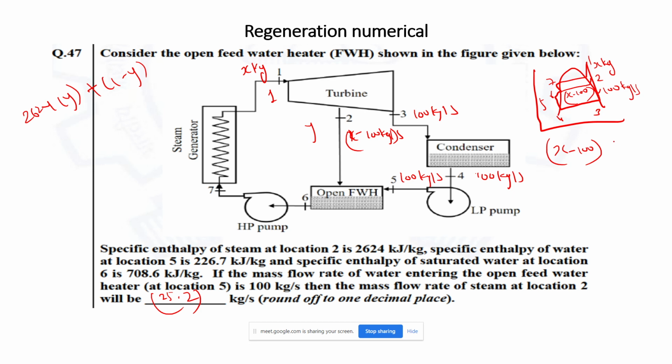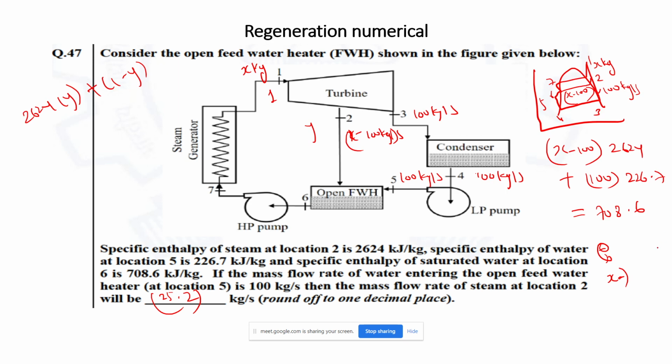So remaining that you can apply here, you will directly get from here also. Any method is right, but actually I haven't solved, so I'm just directly doing this. 100 into 226.7 is equal to H6, which is 708.6. From here you can get the value of x, and from what they have asked in the question, the mass flow at location 2, when you subtract from the x, you will get it.